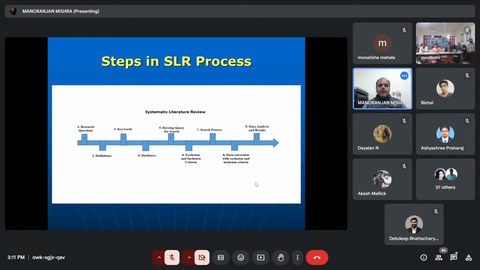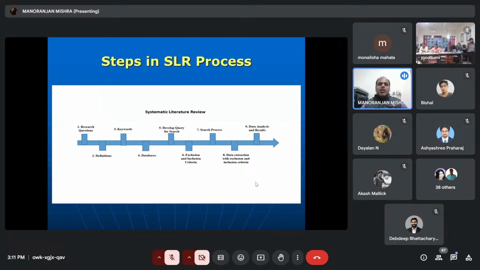Then on the basis of that, you develop the keywords. When we talk about keywords in search engines, the keywords are either in the title, in the abstract, or in the keywords field. So these three things you have to check. What are the words which I have to search?